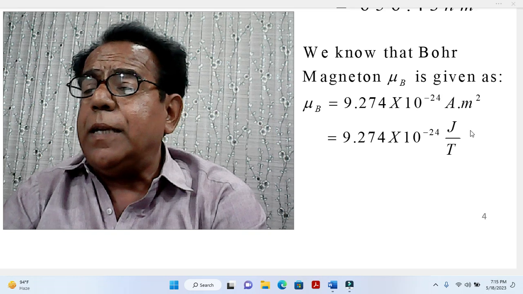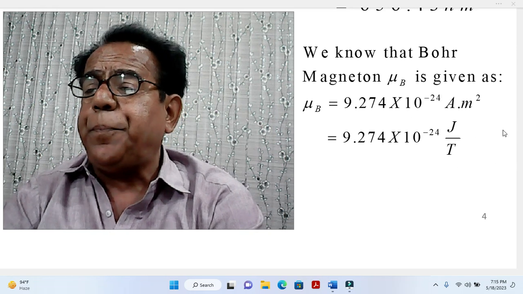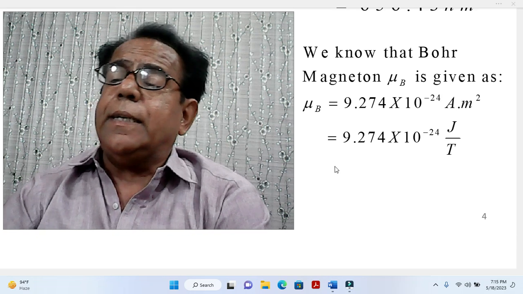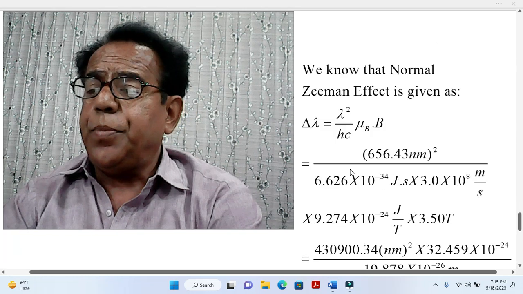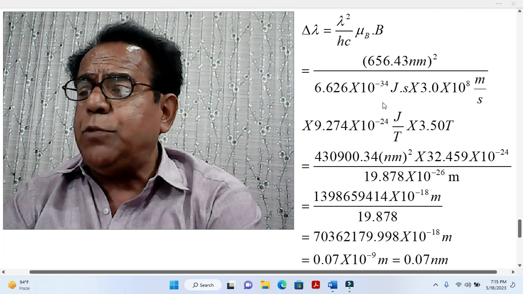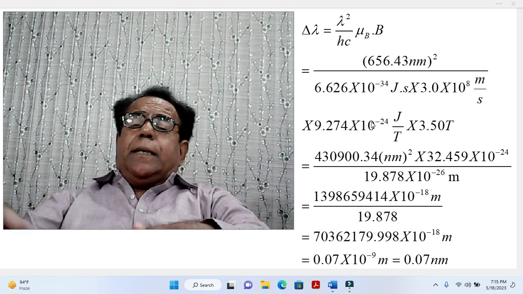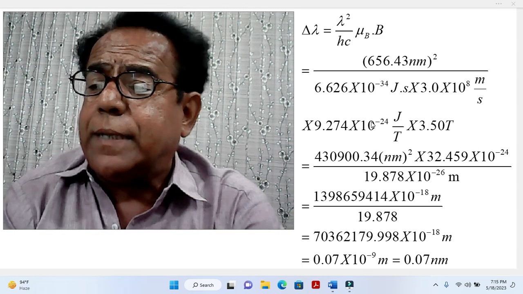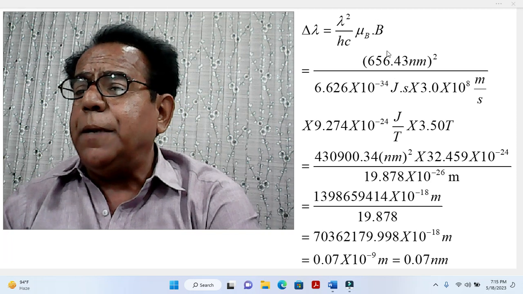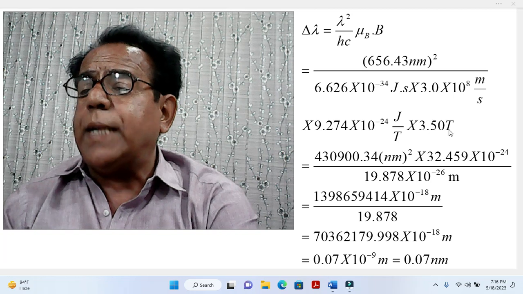We have used this second alternate expression. We have omitted this first alternate expression. So what we have done, in place of Bohr Magneton we have used this value which is not in terms of ampere meter, rather it is in terms of joule per Tesla, multiplied with B, magnetic field. This is given in the statement as 3.50 Tesla.